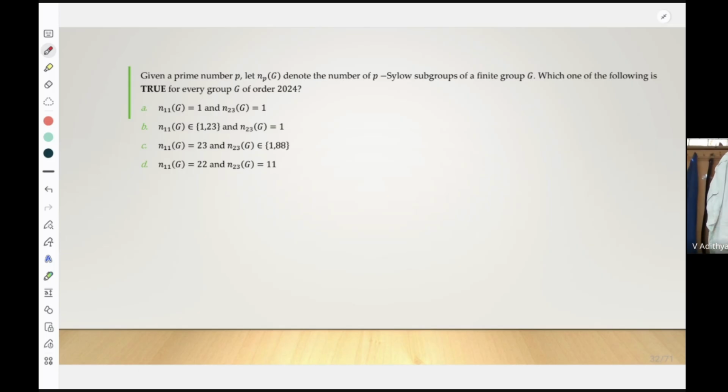The first thing we need is the prime number factorization of 2024 in order to start with any such problem. So we have |G| is 2024, which is 2 cubed times something. 8 divides 2024: if you divide it by 8, 2000 is 250 times 8 and 24 is 3 times 8, so you would get 253.